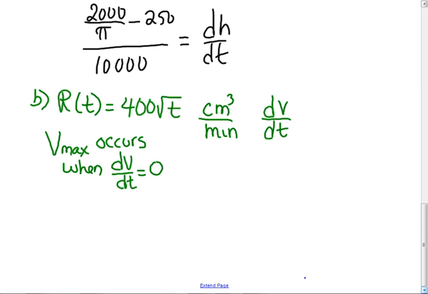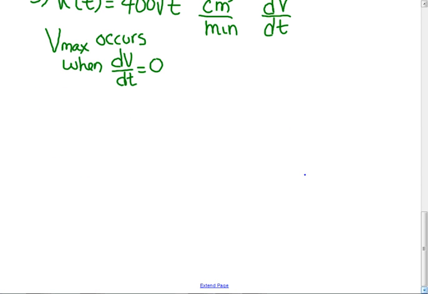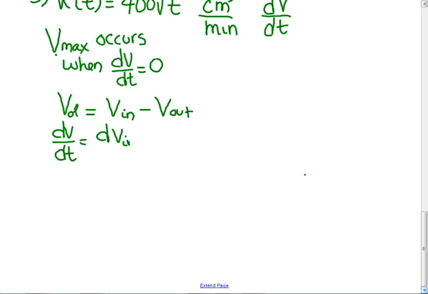And you can find dV/dt. The total volume you have is equal to the volume coming in minus the volume that's going out or being recovered. So how do you find dV/dt? It's the derivative of the volume coming in, minus the change in the volume going out. You don't have to write all this; I'm just doing it because I'm analyzing it.